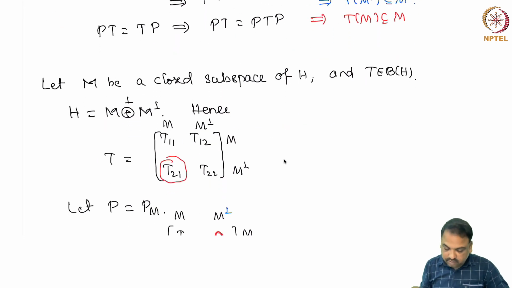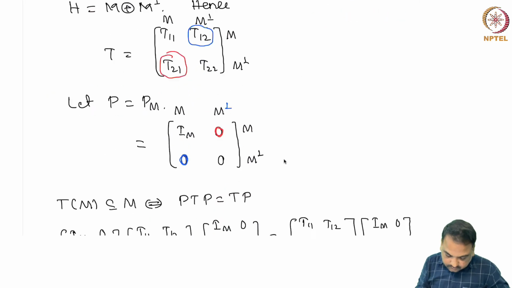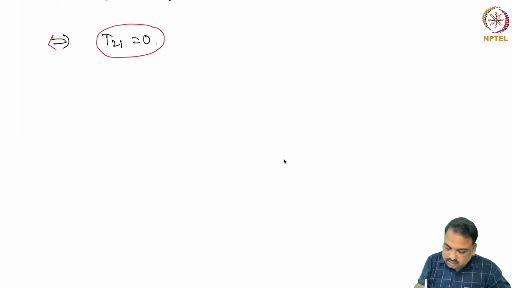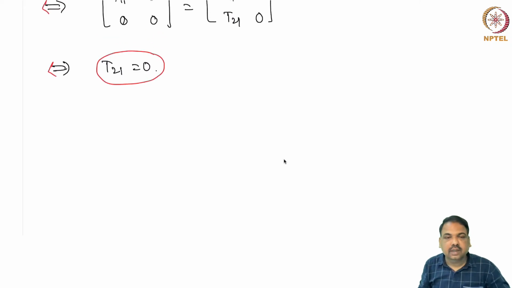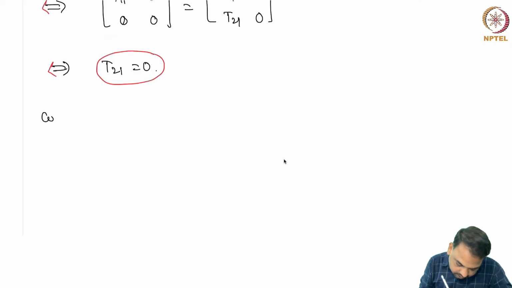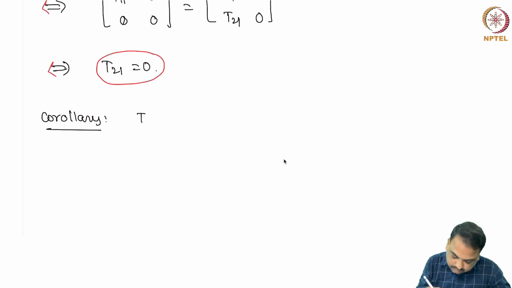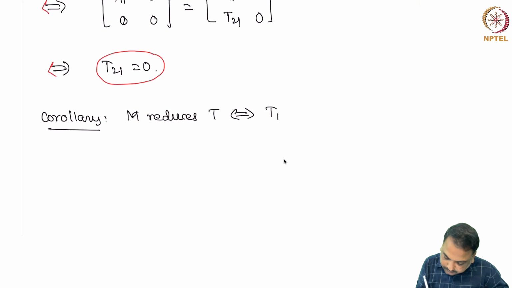And we can show that when M perp is invariant under T, then this part, T12, is 0. So using the same steps, whatever we have done so far, we can easily show that M reduces T if and only if T12 is 0 and T21 is 0.